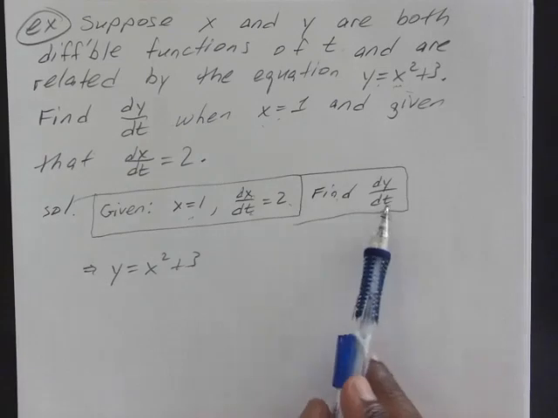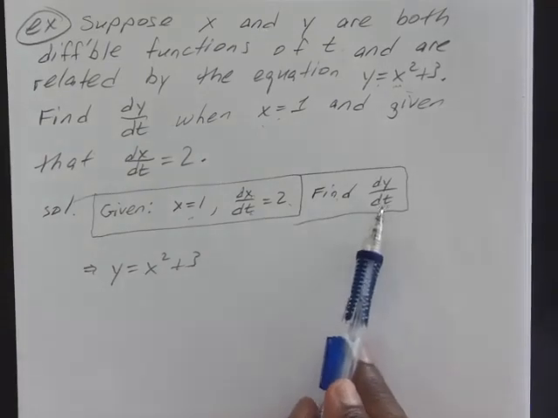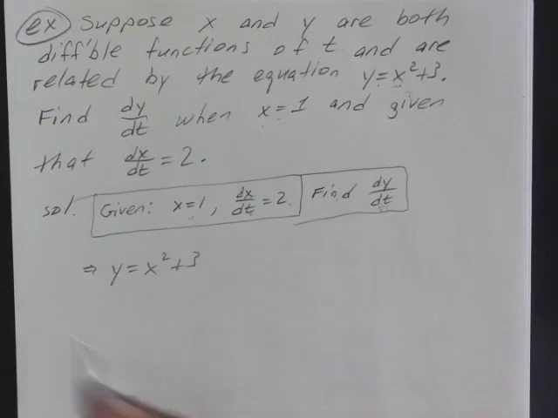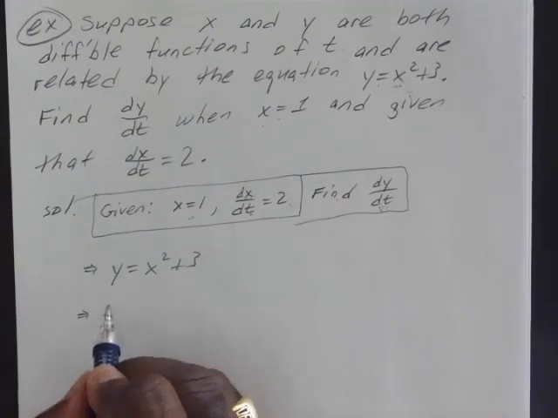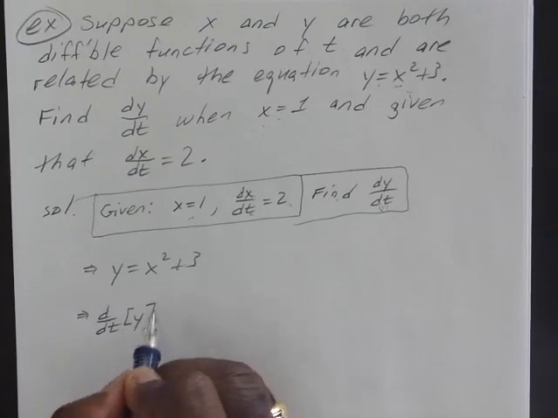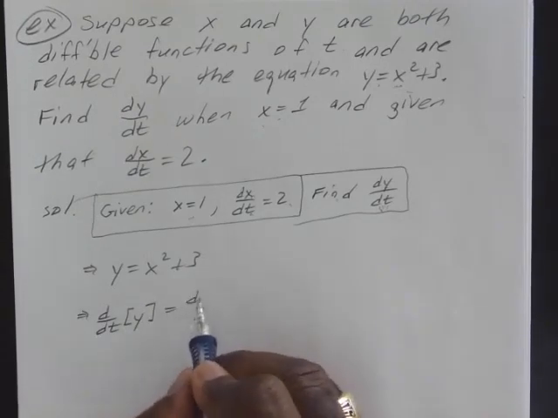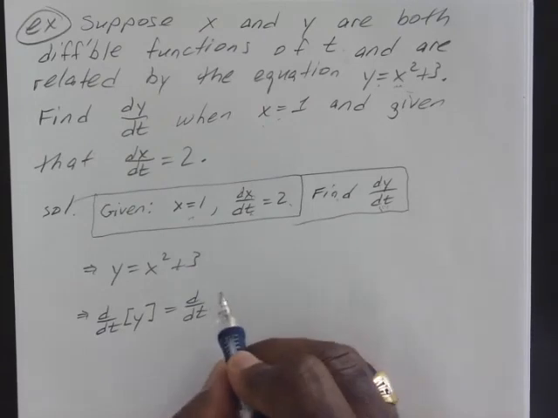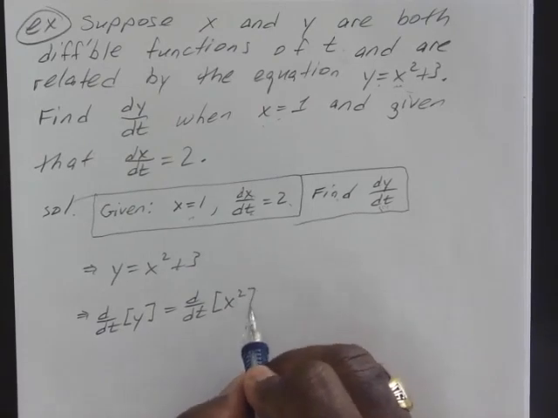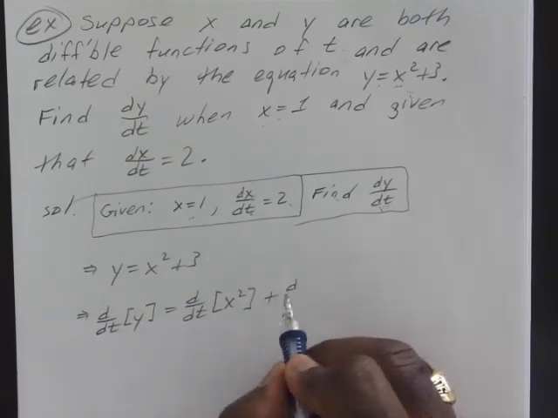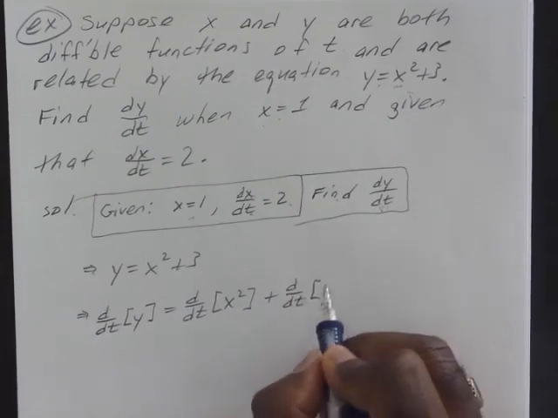Okay, so we're looking for dy dt, so we know our independent variable is t. So the derivative with respect to t of y is equal to the derivative with respect to t of x squared plus the derivative with respect to t of 3.